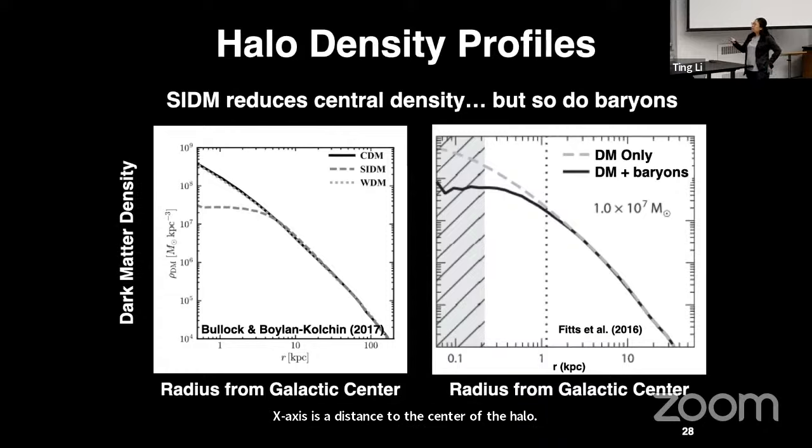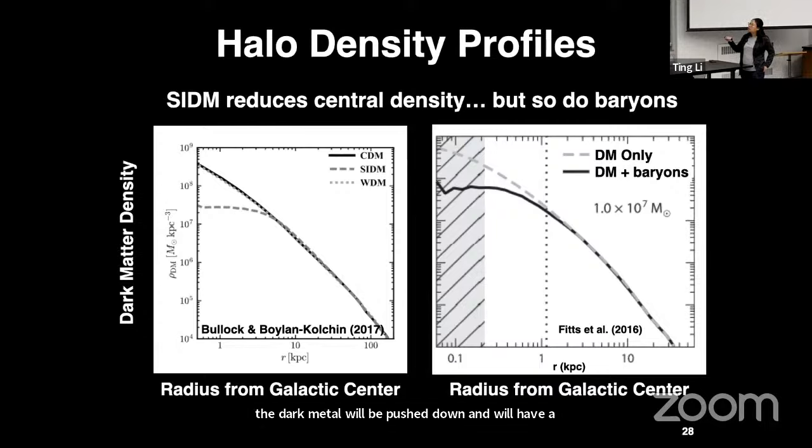CDM stands for cold dark matter, SIDM stands for self-interacting dark matter. The warm dark matter is also there, but it's exactly the same as the CDM. So what happens is that if the dark matter interacts with itself, then the density at the center of the dark matter halo will be pushed down and will have a flattened core.